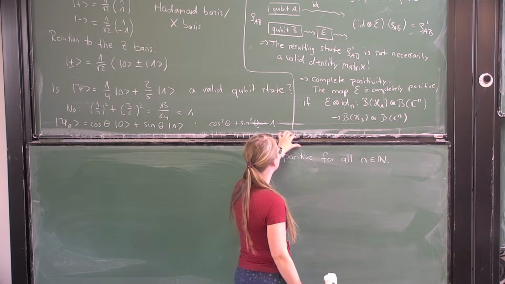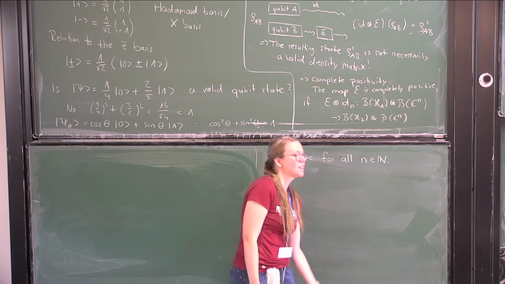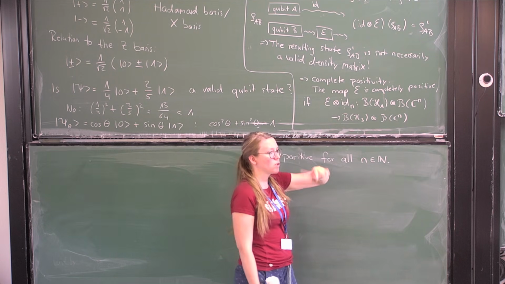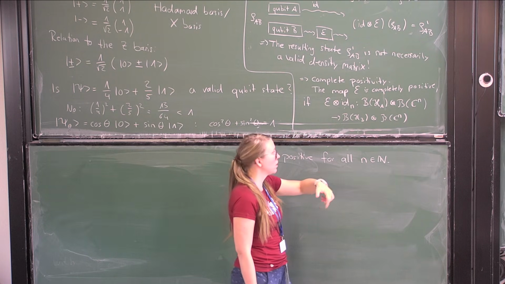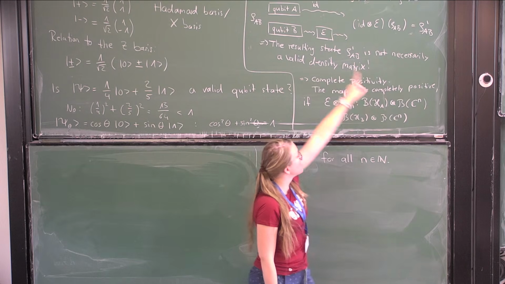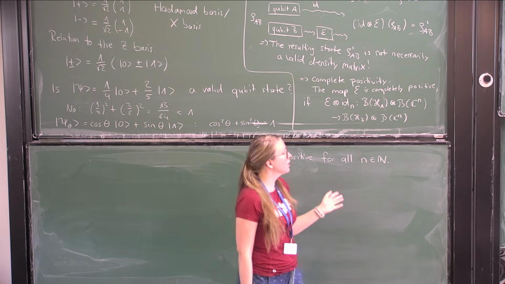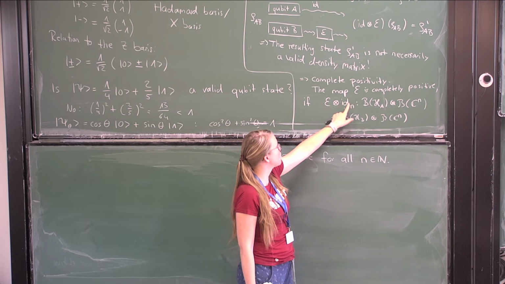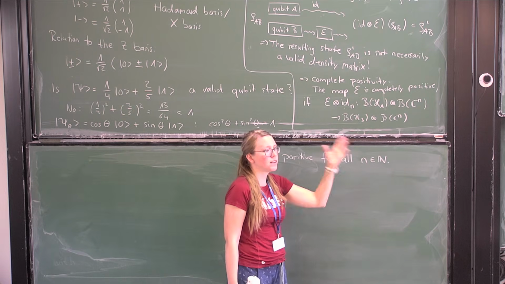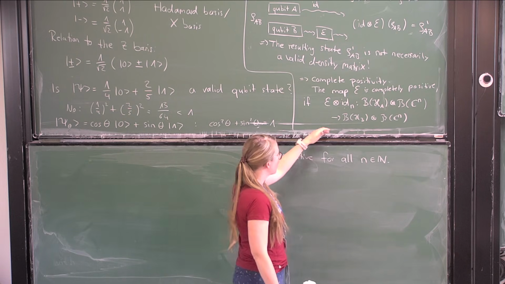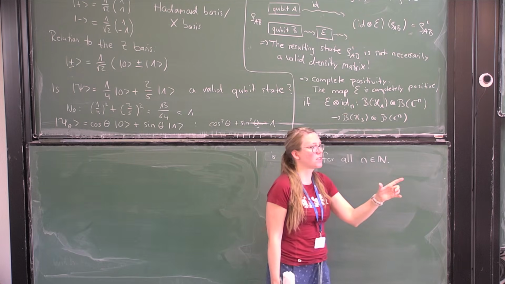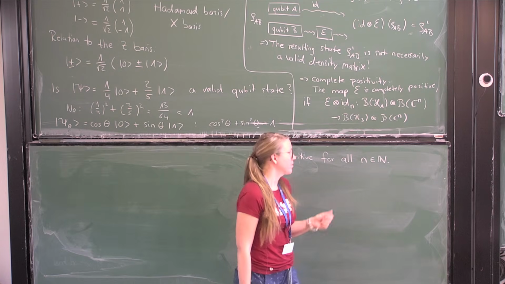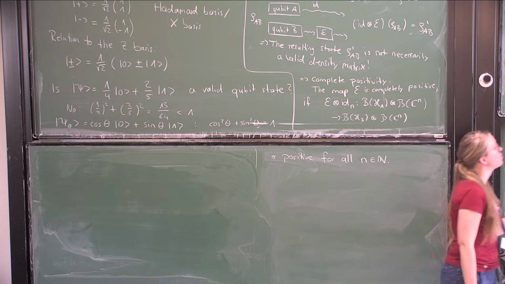A prominent example for a map where this fails is if you take the partial transpose, where your map is the transpose of the matrix, and that fulfills all the properties. You can check that. But if you then connect it with the identity on other parts, then it's the partial transpose. And that one can actually take a positive state and map it to a state with negative eigenvalues. That's the classical example people make in this case.